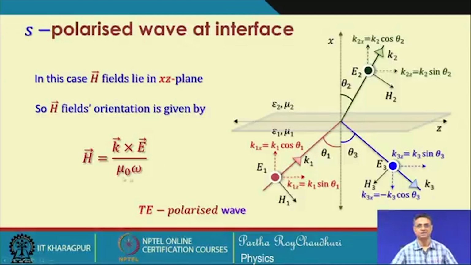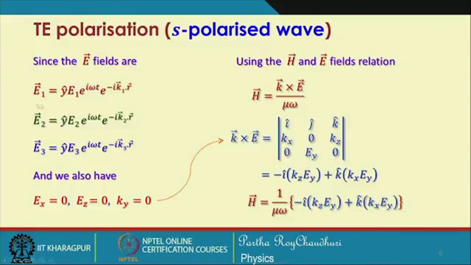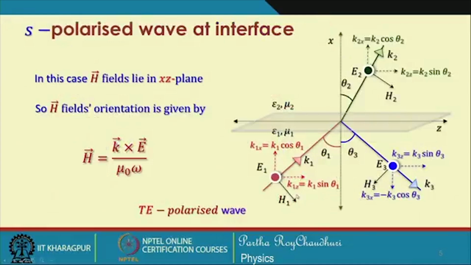Using this we will find out the magnetic field components in the reflected and transmitted optical wave for this polarization. Since E fields are now only directed along the y direction according to our configuration, perpendicular to the plane of this board is the y direction.